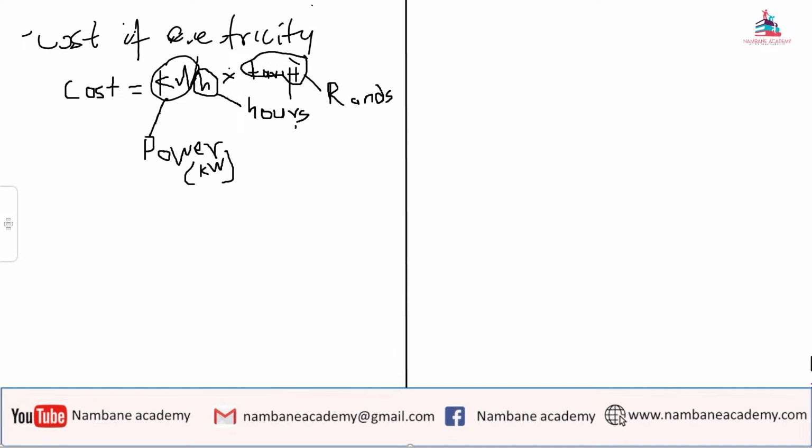What is important here is to understand that power must be in kilowatts, time must be in hours, and the price must be in rands. So with that being said, we can now calculate the cost of electricity.